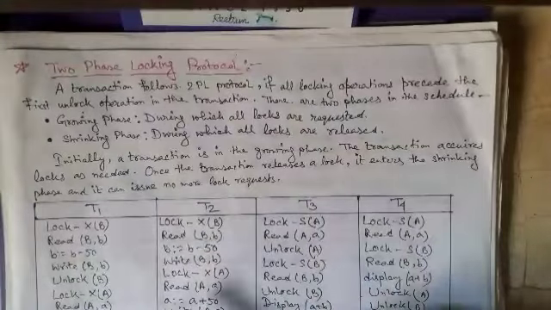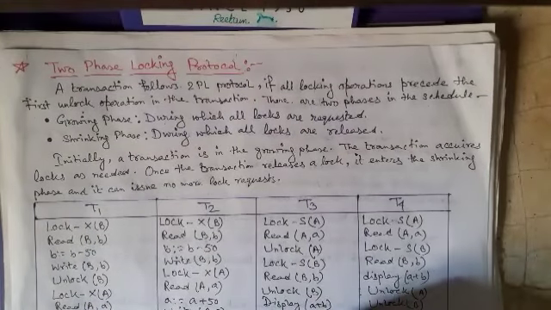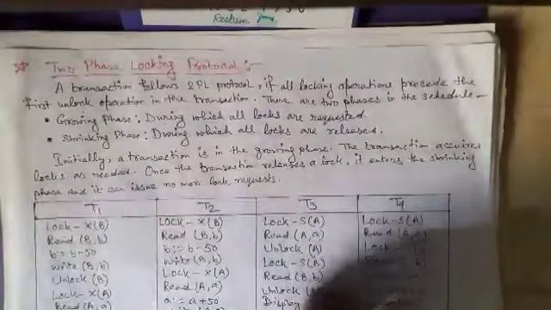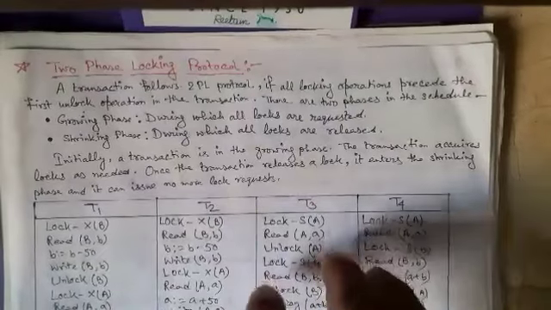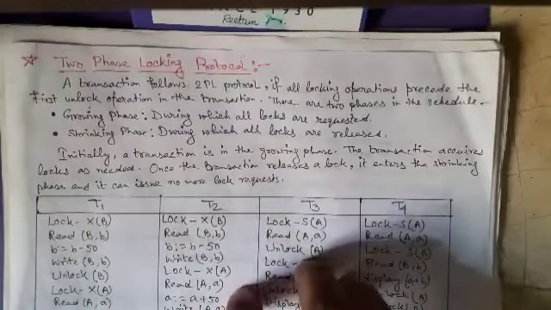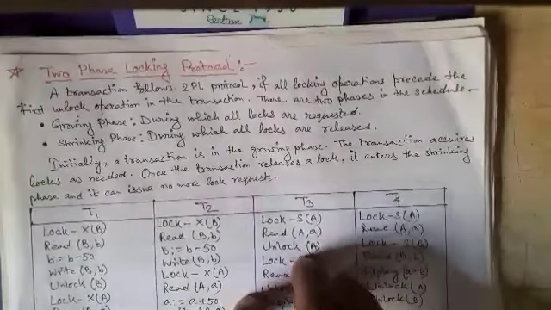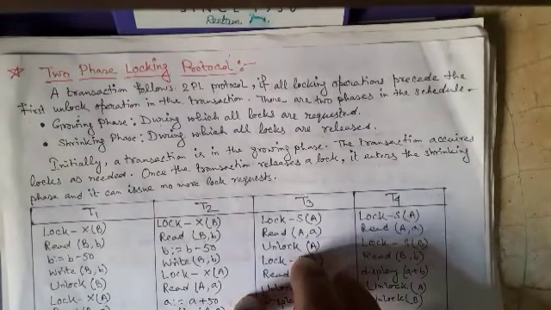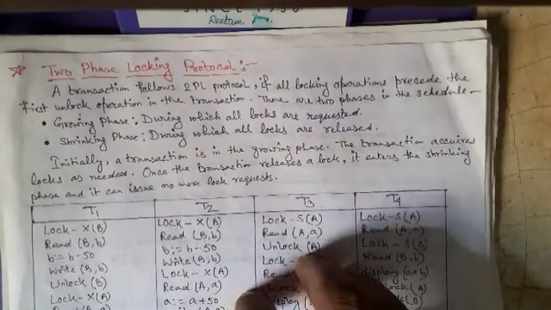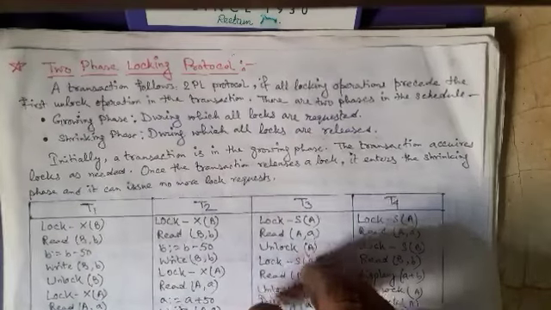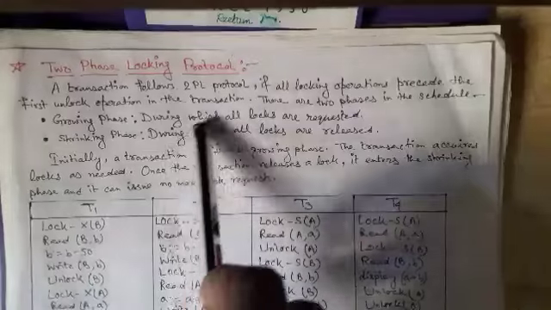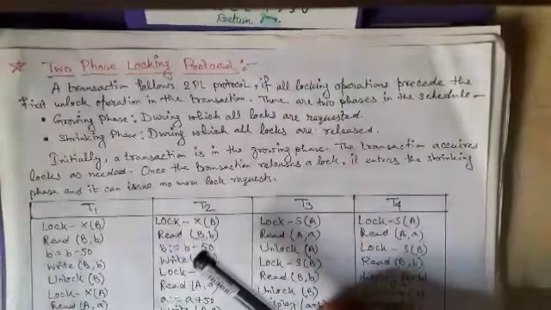Now we start with the first algorithm, the two-phase locking protocol for the pessimistic approach. In the two-phase locking protocol, there are two specific phases. One is the growing phase, another is the shrinking phase. The growing phase is during which all locks are requested.